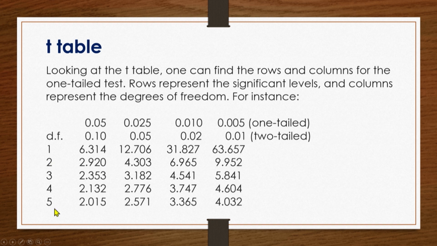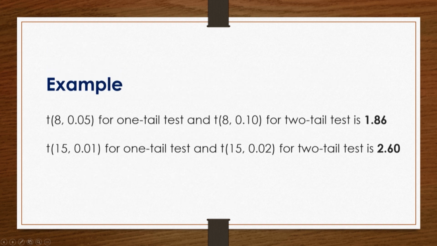Suppose, for example, we have taken a sample of 5 with 5%, the corresponding table value is 2.015. For example, when t of 8, 0.05 for one-tailed test and t of 8, 0.10 for two-tailed test, the value is 1.86.